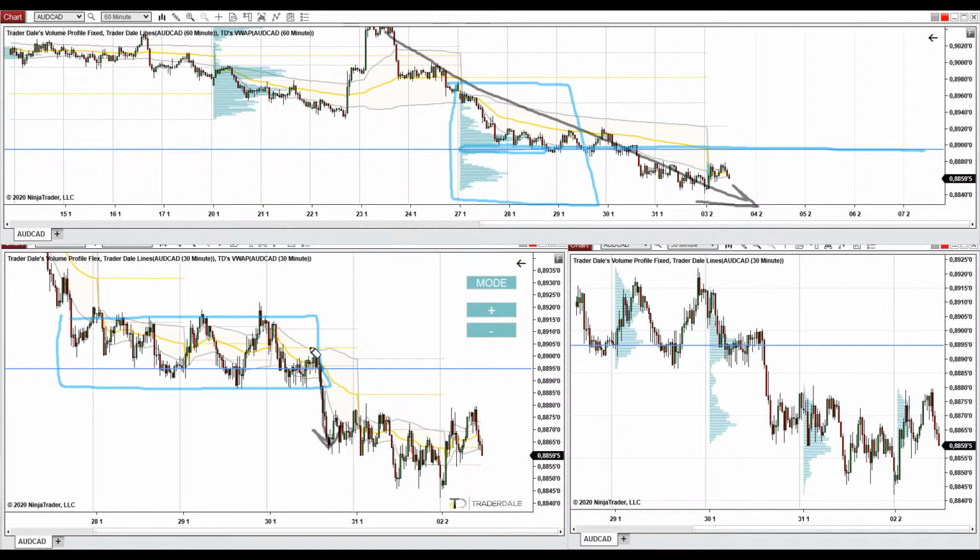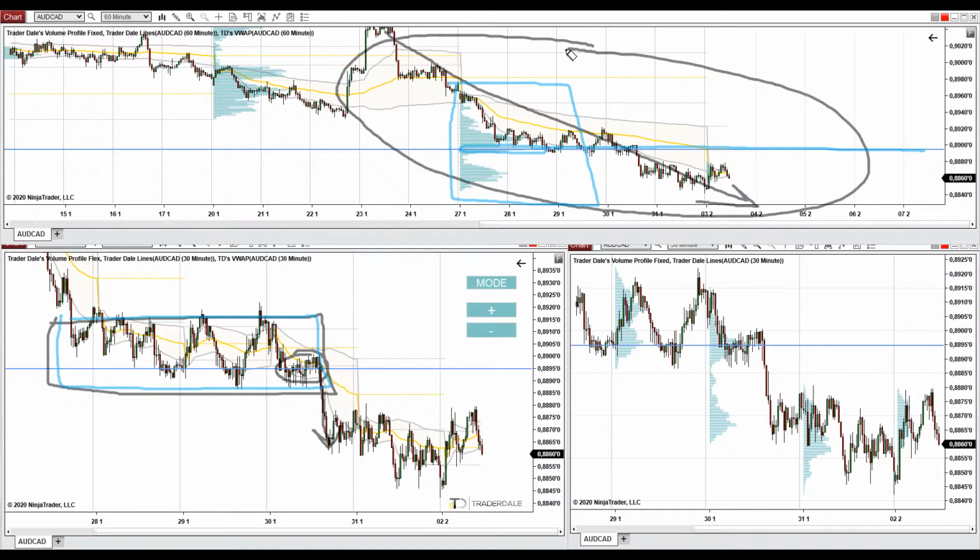So, what I think is that sellers were adding to their selling positions in this rotation, mostly in this little rotation right there, because also pretty heavy volumes were accumulated there, and afterwards they continued in their selling activity. Overall downtrend, alright?